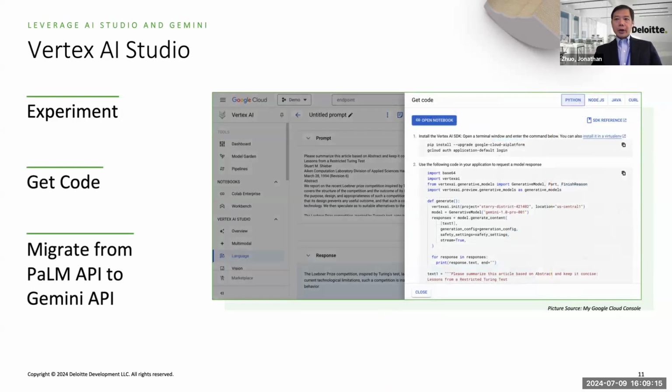Certainly, AI Studio is not only for experiments, but it can also give you the code. I used this code to migrate from the PaLM API to the Gemini API. Gemini is also able to help you finish some code if you give it a prompt.